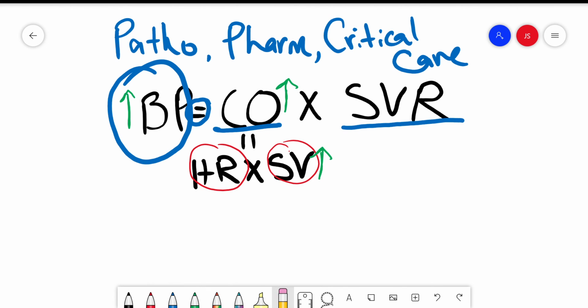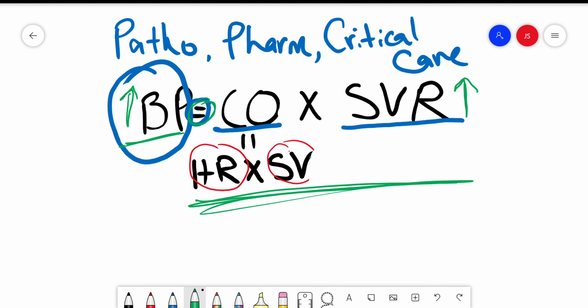If we have a drug that increases systemic vascular resistance, in the same way, we're going to increase blood pressure, because this side equals this side, and it's multiplication. So there's only an increase. If one side increases, it has a direct effect on the other side of the equation, on the blood pressure.